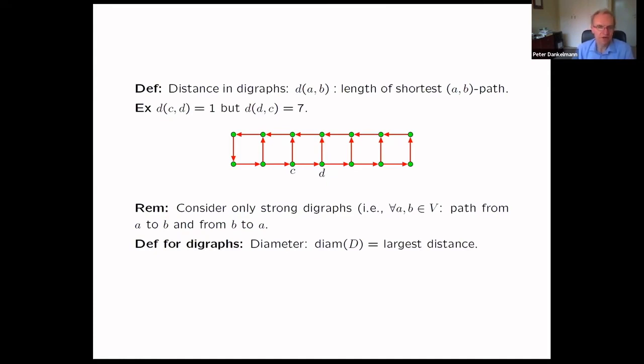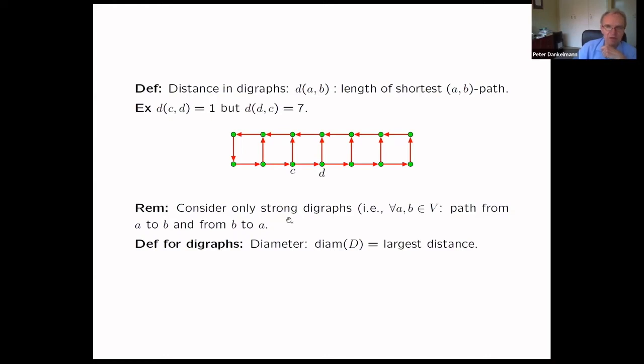Also, just like for graphs, where I said I look only at connected graphs, we will also look here only at strong digraphs, where strong is really the abbreviation of strongly connected digraphs.